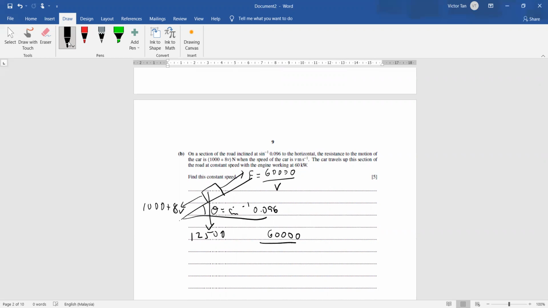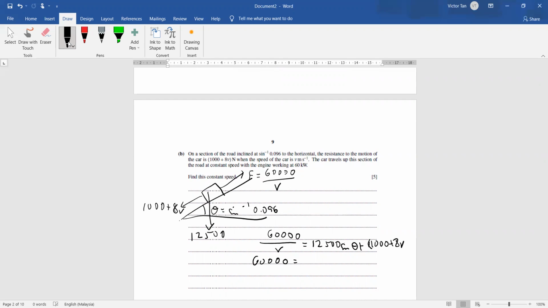So your driving force, 60,000 over V, equals 12500 sine theta plus 1000 plus 8V. 12,500 times 0.096 is 1,200.